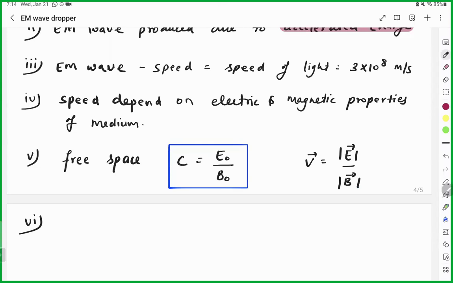Sarah, energy, when we consider the electric field and magnetic field, will the energy distribution be the same or different? Can you repeat the question?